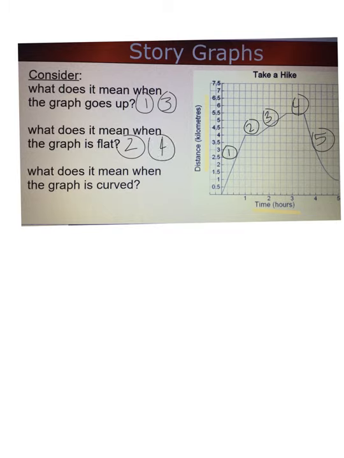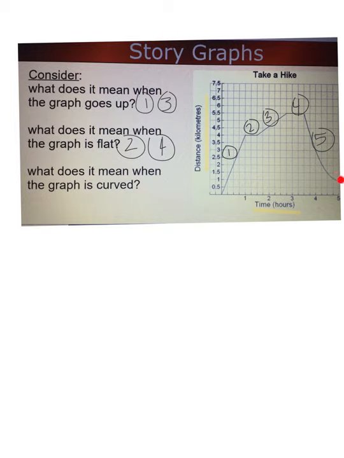What does it mean when the graph is curved? So here I have this curved part of the function. Now you're going to notice this is the only section of the graph that is going down. So we can assume that this whole time this person was hiking further away. The furthest they got from us was 5.5 kilometers. And then at the 3.5 hour mark, they started hiking back towards where they started.